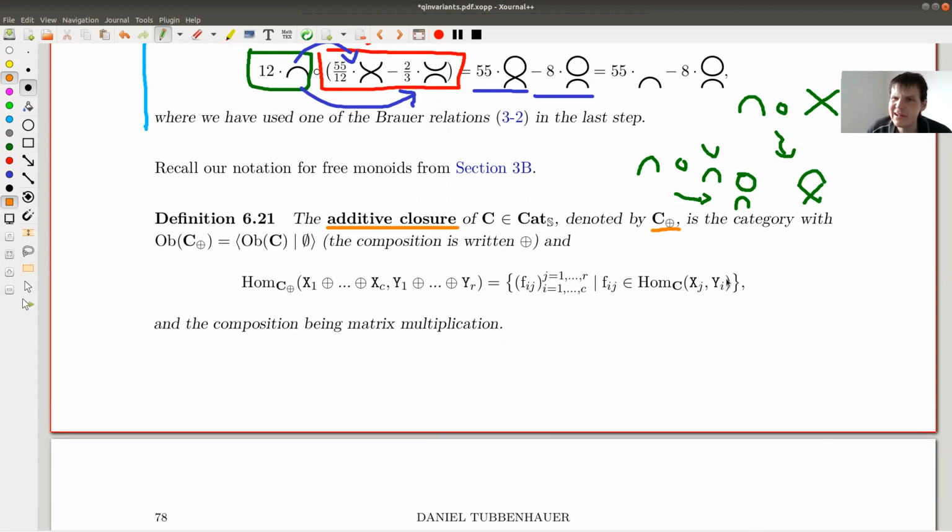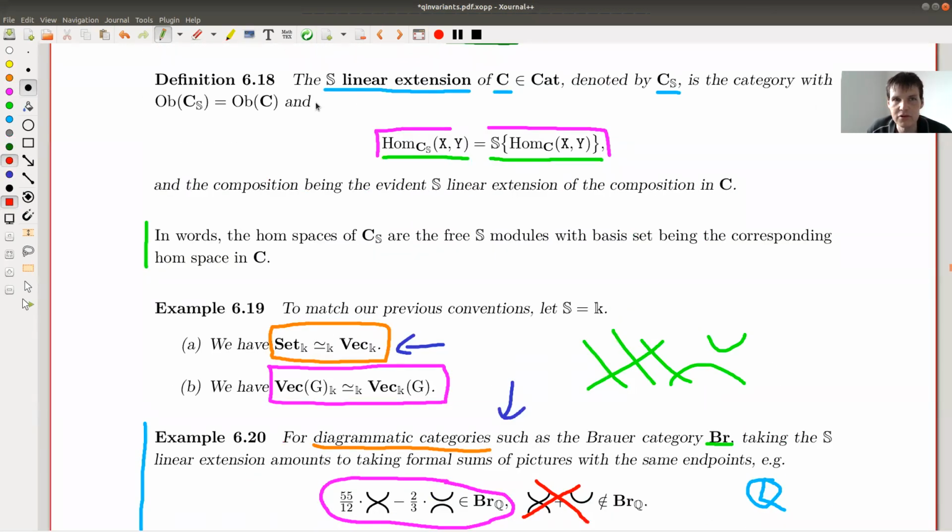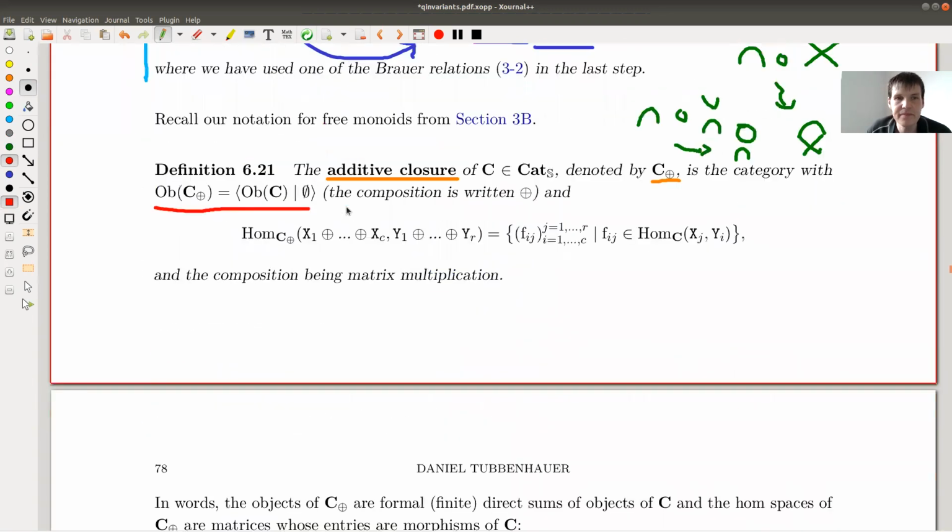What is it? The definition looks a little bit weird, so let me unravel it. The objects of my new category now are just formal direct sums of objects from my starting category.